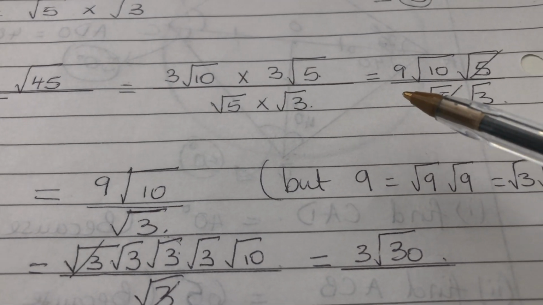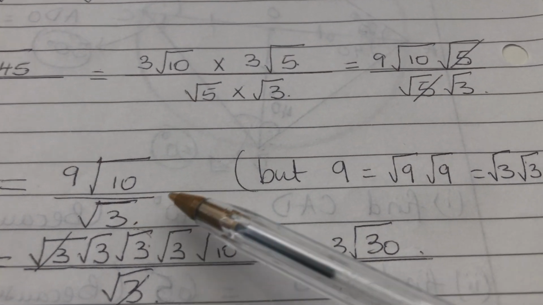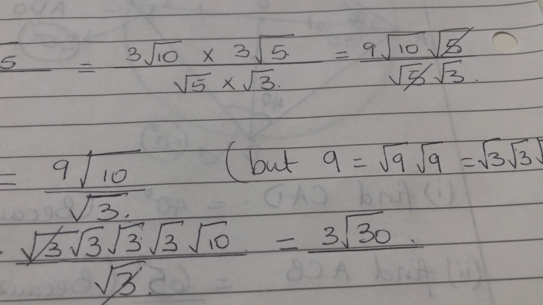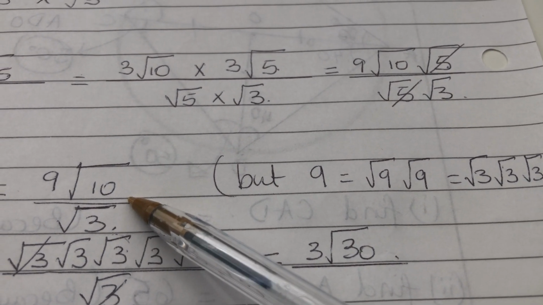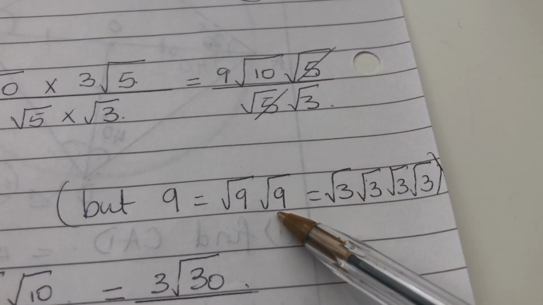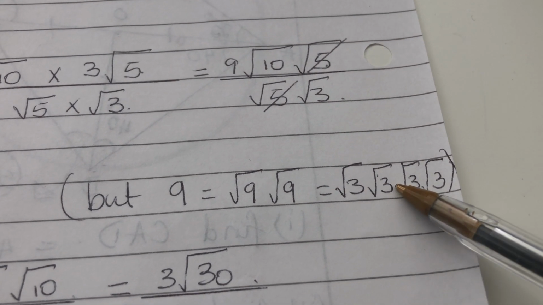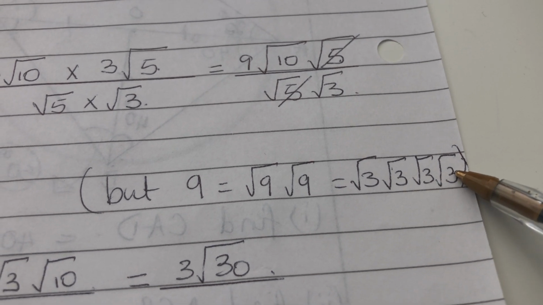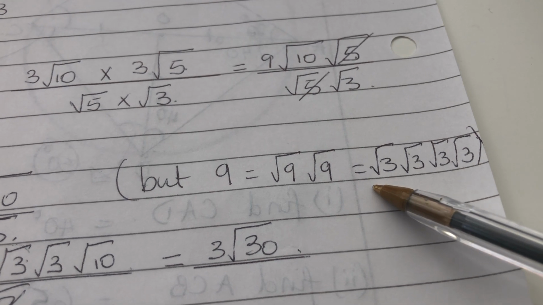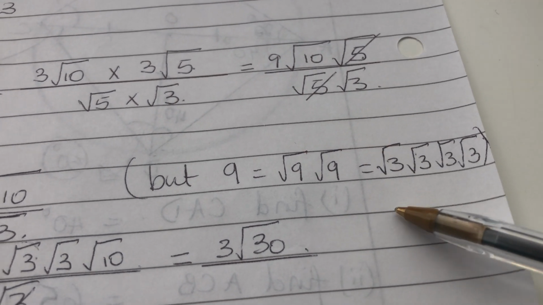Now here, 9, I can write it as root 9 times root 9, if I want to get rid of the denominator. Or root 9 again, I can write it as root 3 times root 3. You remember when we were doing the rules, I said the reverse is also true.